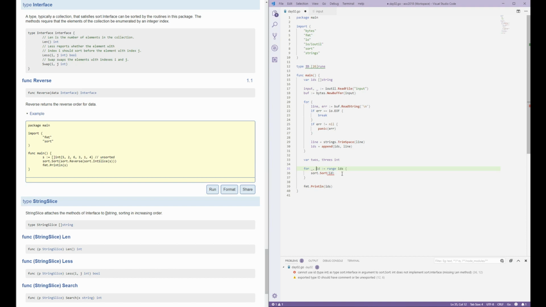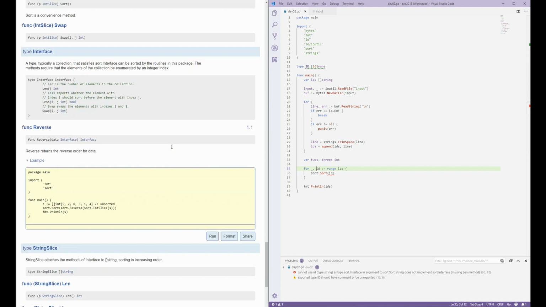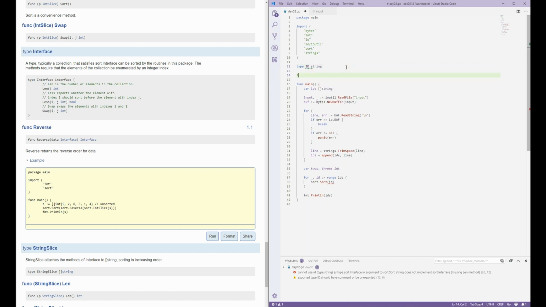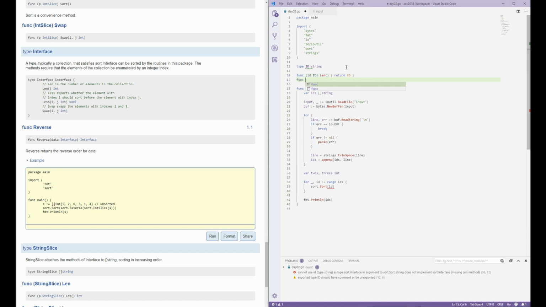I don't care about the index. I just want the value. Cannot use type string. Does not implement the interface, missing len. So can we implement that? So let's do this. And we need to implement len. 26. Yeah. Yes.